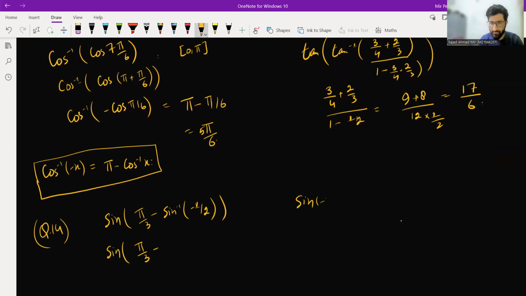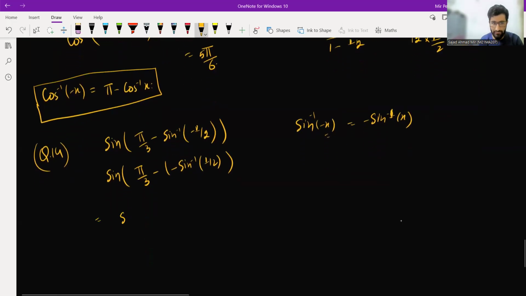We know that sine inverse of minus x is minus sine inverse of x. For cos, we get pi minus cos inverse of x. For sine, the negative sign comes out. So this is minus times minus sine inverse of 1 by 2.